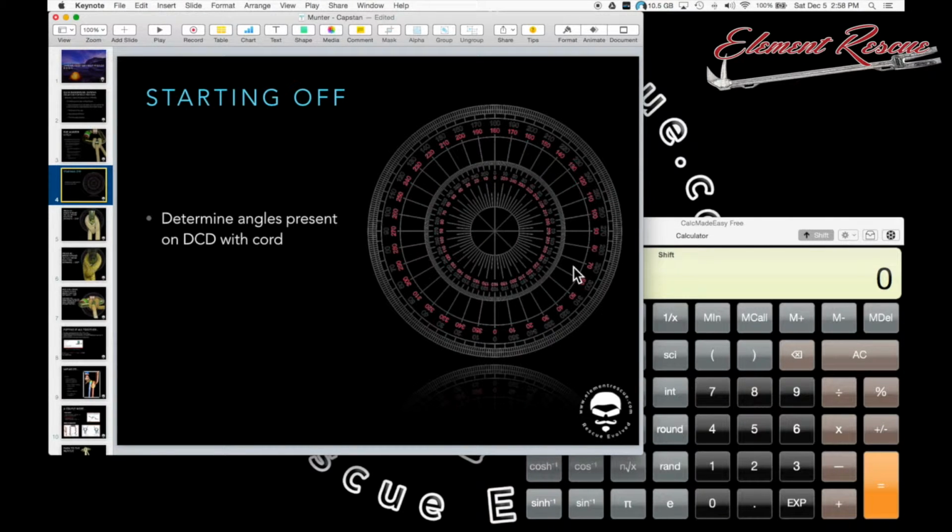We also made this, which you can click on and download as a PNG. This is a 360-degree protractor, which makes trying to estimate these angles a lot easier. We're products of Southern Education, so we try and keep it as simple as possible. In the end, we have to determine each angle present where the cord goes around that carabiner.